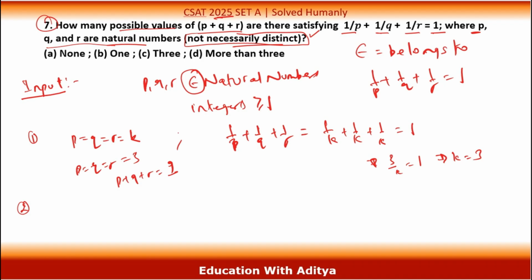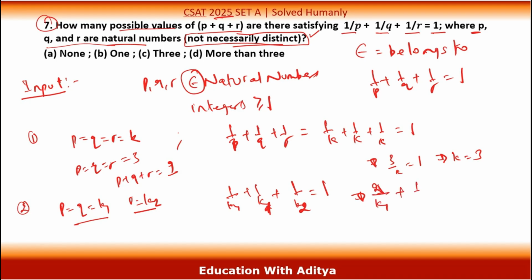In the second case, what I will do is assume P equals Q equals K1 and R equals K2. So if I put in the values, 1 upon K1 plus 1 upon K2 plus 1 upon K1 plus 1 upon K2... this implies 2 upon K1 plus 1 upon K2 equals 1.